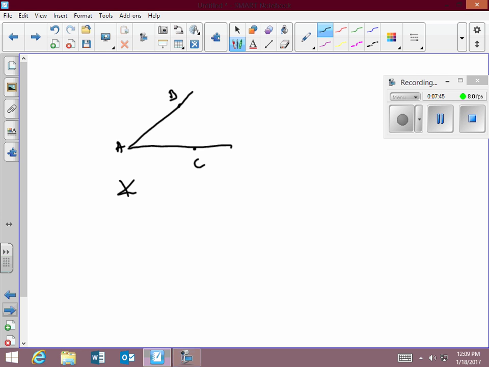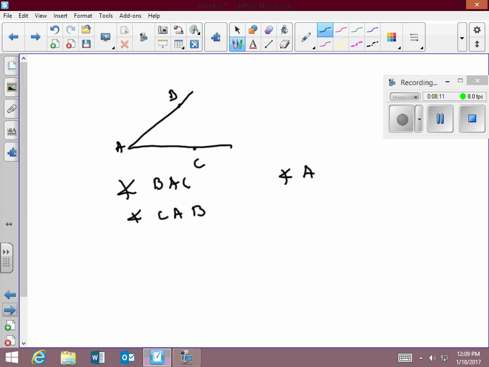Now usually what I do with angle, I would do this, B, A, C. Now that's the same as the angle C, A, B. They're the same angle, just specifying it different. Sometimes you might call it just angle A.